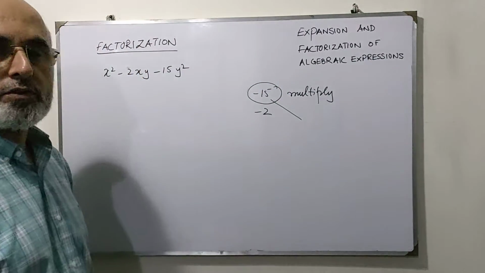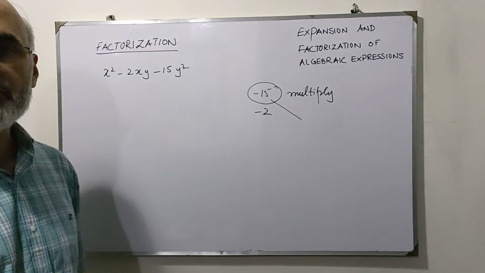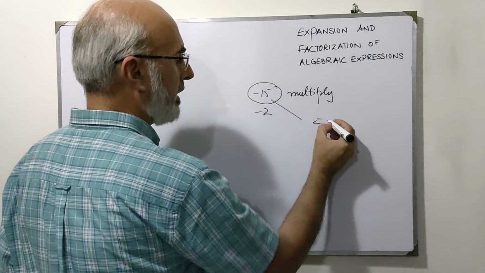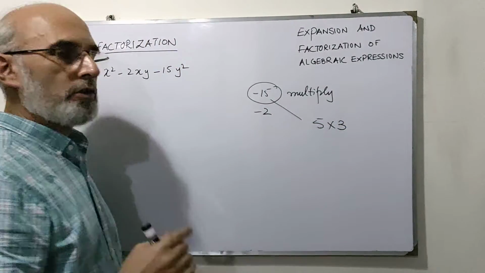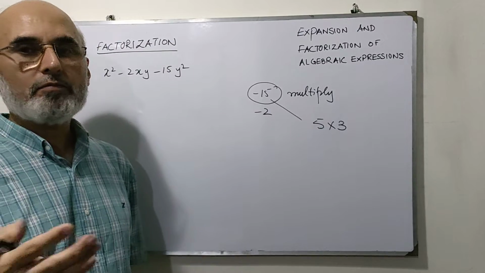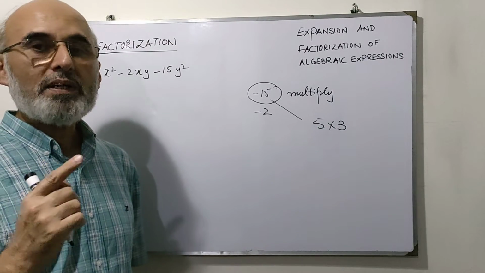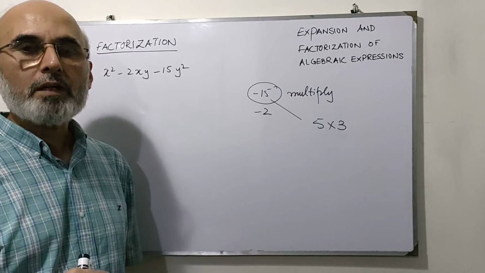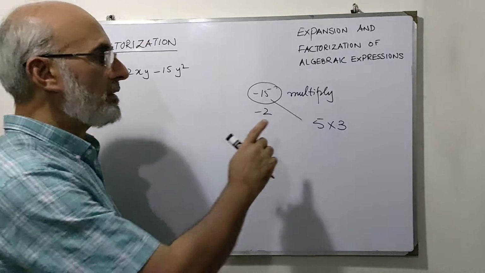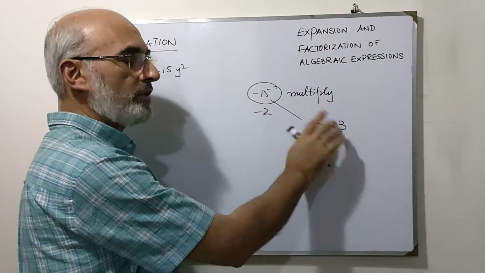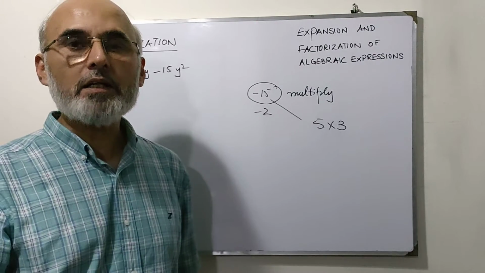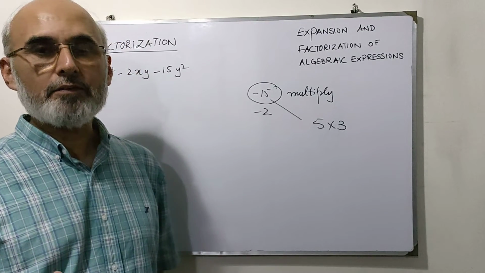Let's take the factors of this. What are the factors of 15? 5 and 3. When we multiply 5 and 3, we get 15. But we need minus 15, which means either 5 is negative or 3 is negative. How to decide which number is negative?